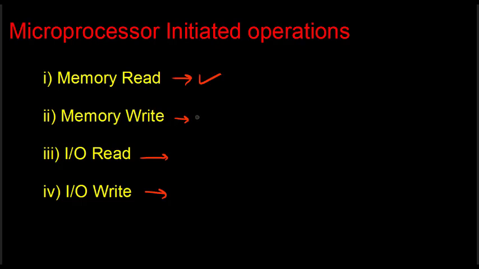Memory write writes to the memory after selecting the memory. Input output read reads the input from the input device, and output write sends the output onto the output device. In all these operations, the very first thing is to select that particular device or memory location and then transfer the data.